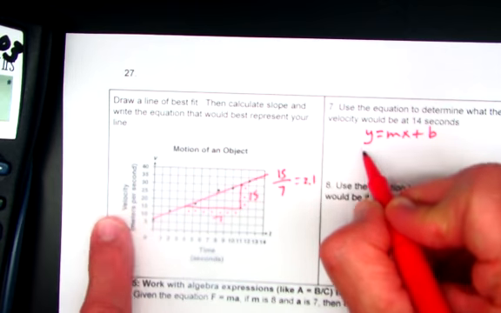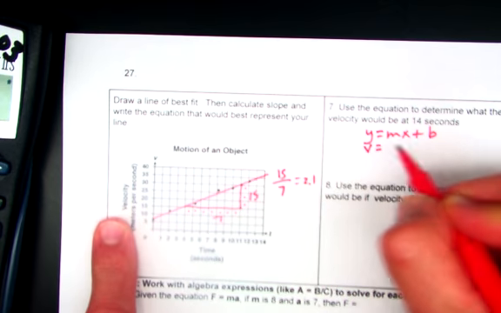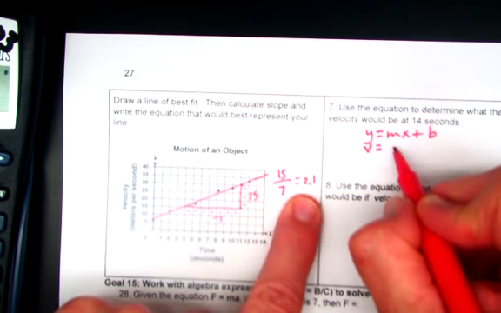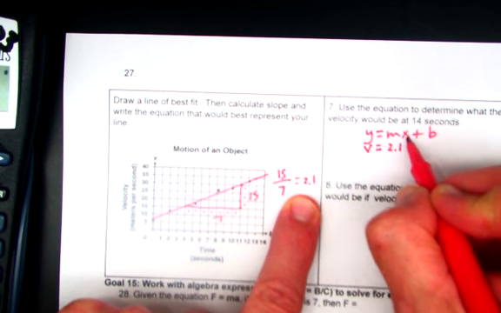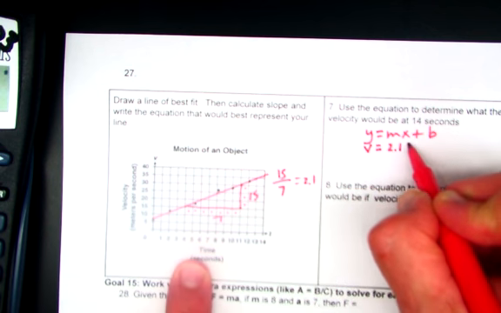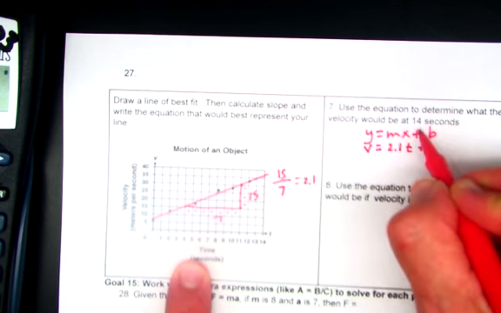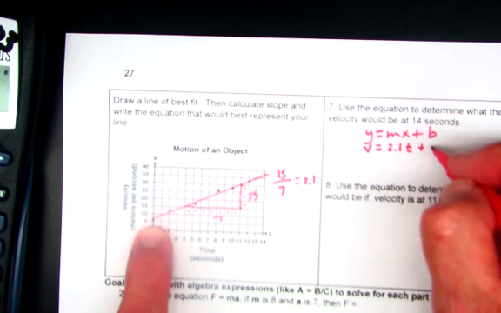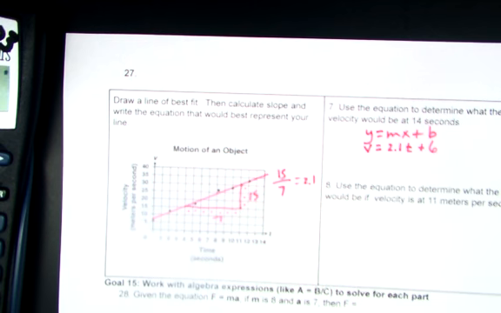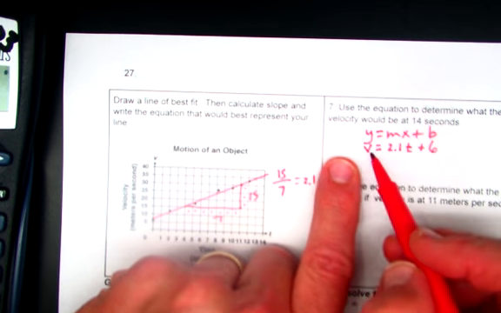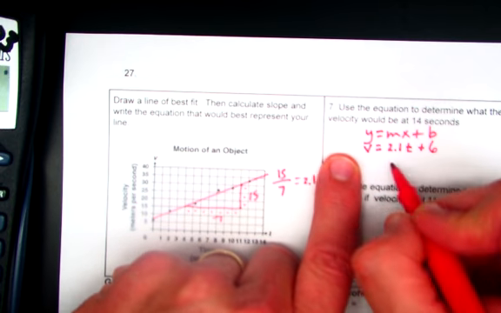So y is going to be velocity. M is my slope of 2.1. X is my time. Plus b is where the line runs into the y-axis, so it's 6. Now they want me to use the equation to determine what the velocity would be at 14 seconds.